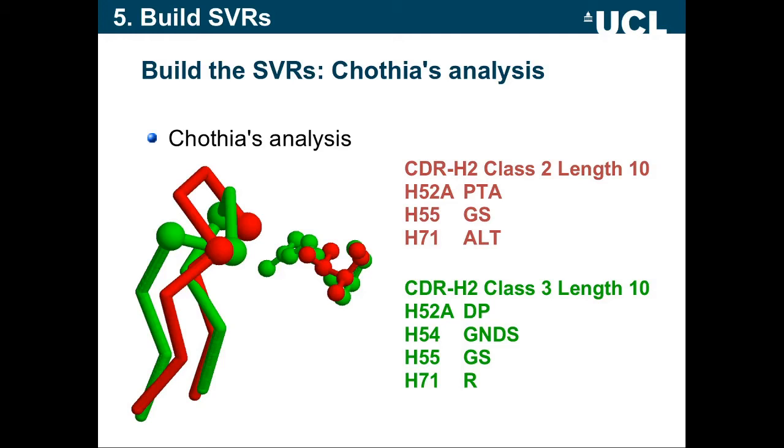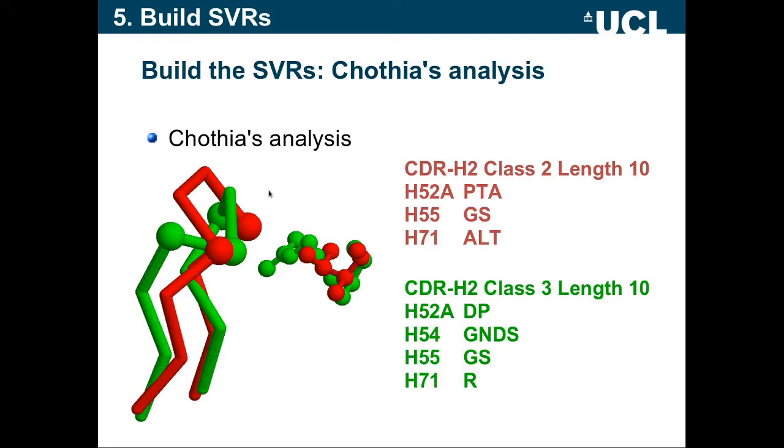Now this is CDR-H2, and these two examples in red and in green are both of length 10, but this red one is clearly a different conformation from the green one, and that seems to result from a difference in this framework position 71, where if you have a long side chain here like arginine, you end up with this green conformation, and if you have a short side chain like alanine, leucine or threonine, you end up with the red conformation.